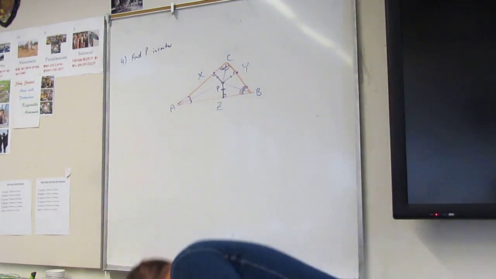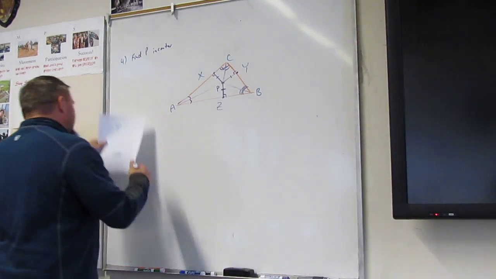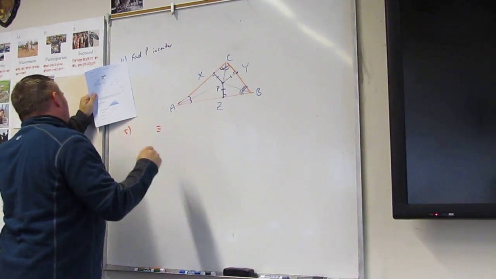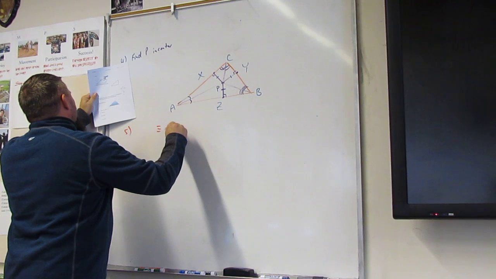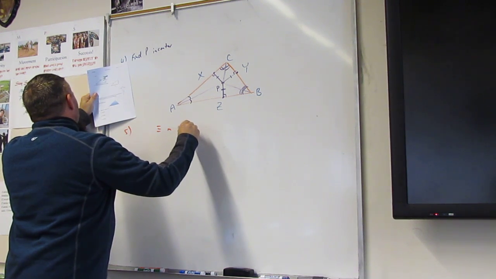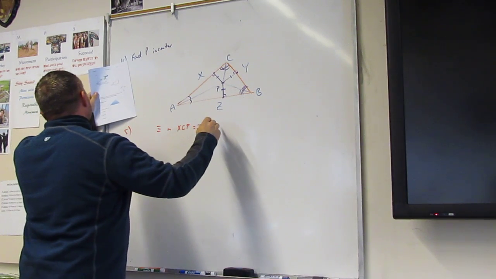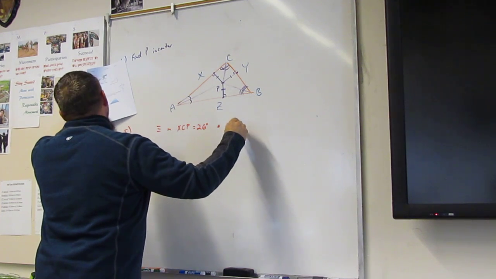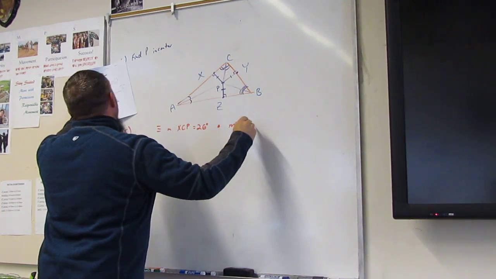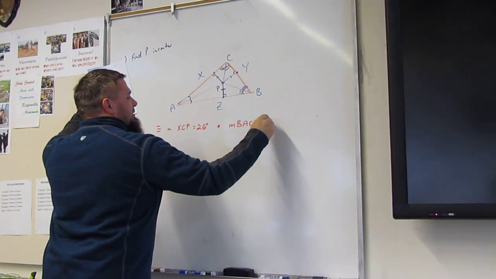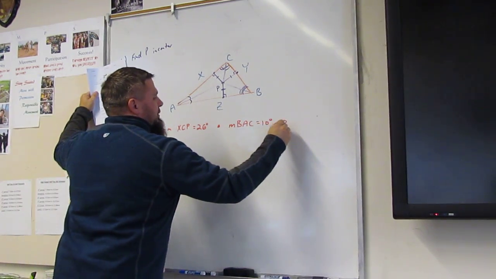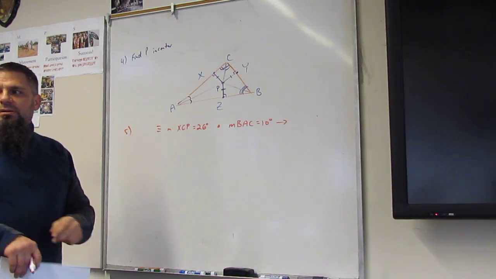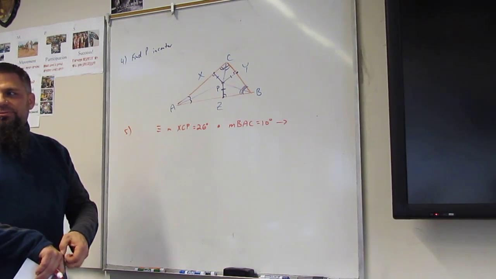All right, number 5. 5 states that if the measure of XCP is equal to 26 degrees and the measure of BAC is equal to 10 degrees, then, so this is an if-then statement or conditional statement, remember from your last final, right?